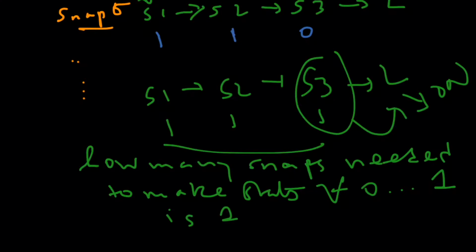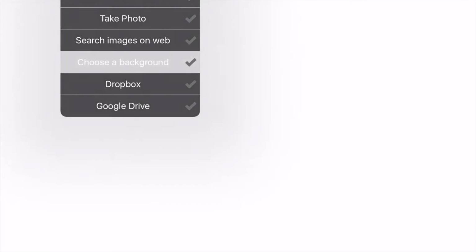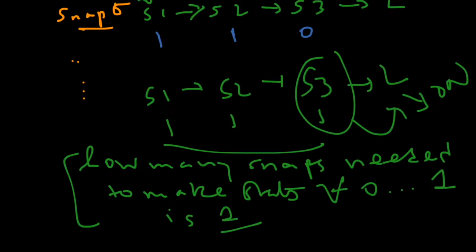And this is equivalent to the following: the number of states of these snappers, the number of permutations that you can get, is 2 to the power of n minus 1.